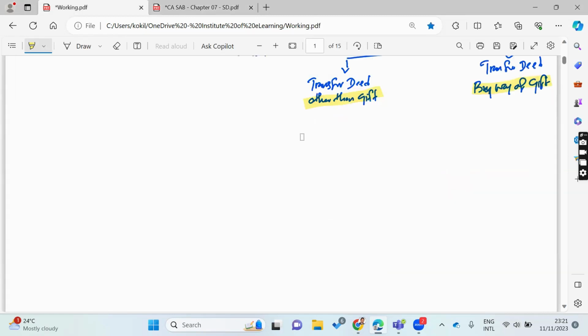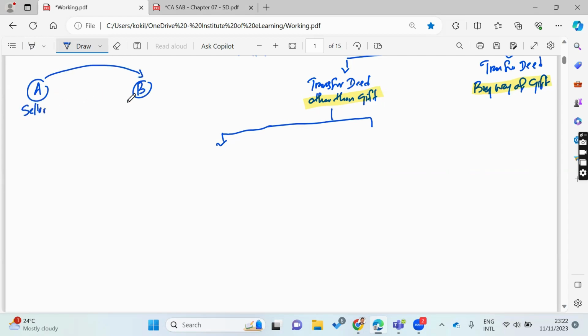Let's say one is you are transferring a very small amount. You are A and B. A is selling to B, so A is the seller and B is the buyer. Who needs to pay stamp duty?